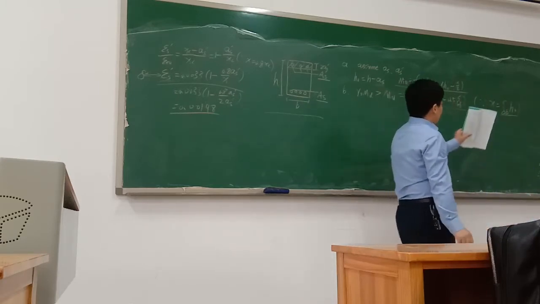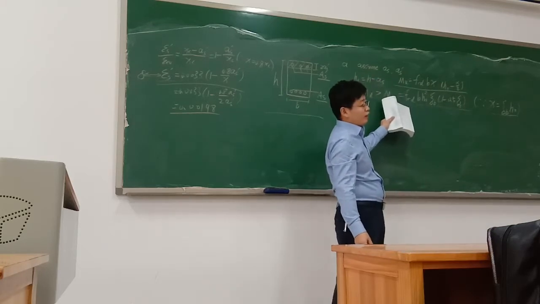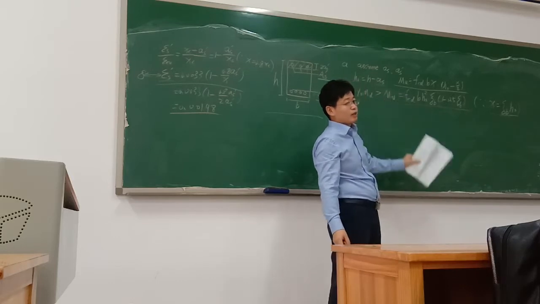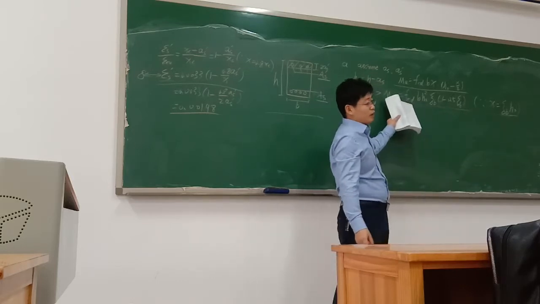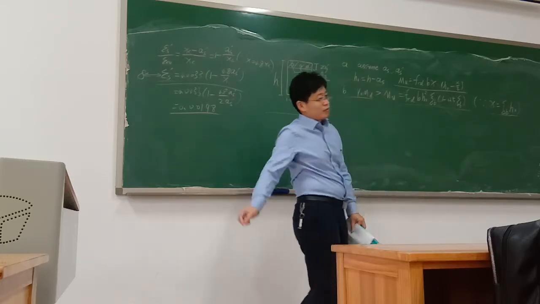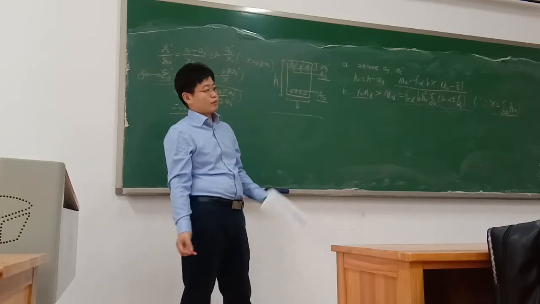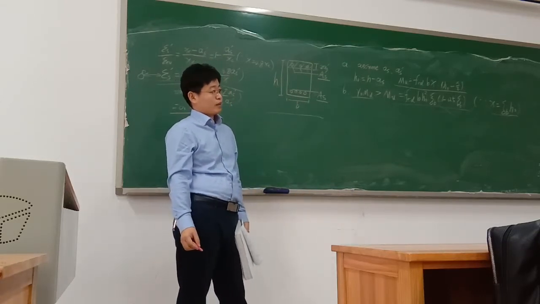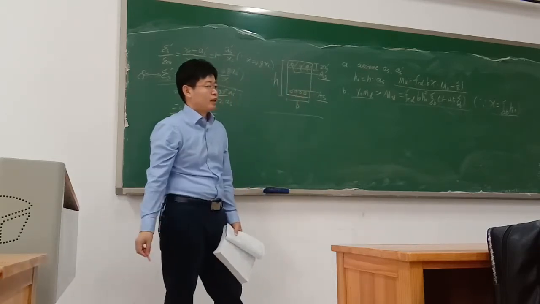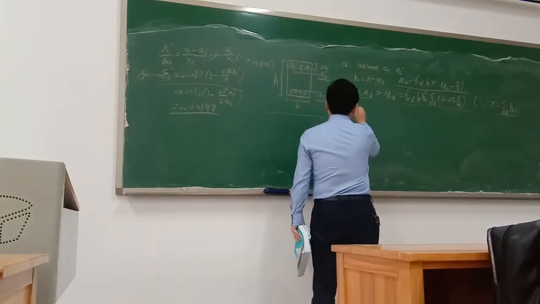With this boundary condition, we get the largest resisting moment of the single reinforcement beam. If this moment is still smaller than the moment induced by the load, that means the single reinforcement beam is not strong enough. We have to use a double reinforcement beam. So this is step B.